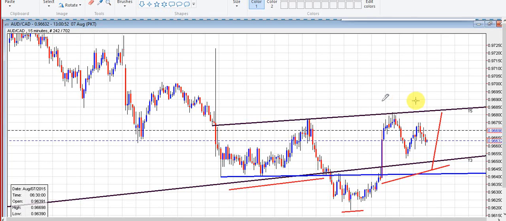Then again your break zone, maybe something like this. So these are the patterns that we go by, and it helps you pick a position and then see how it goes from there onwards.